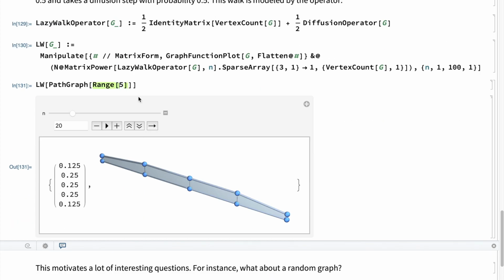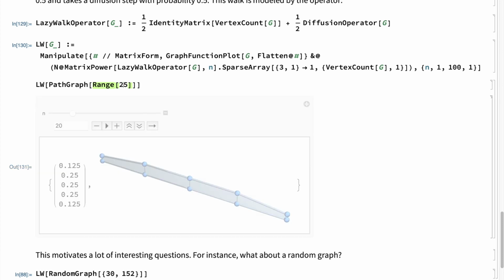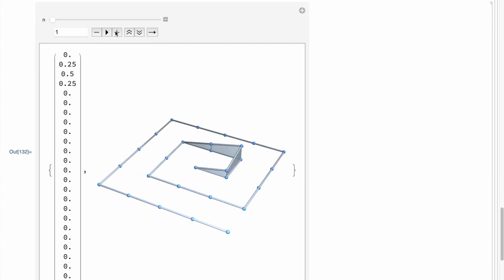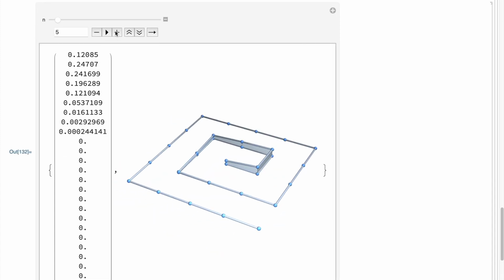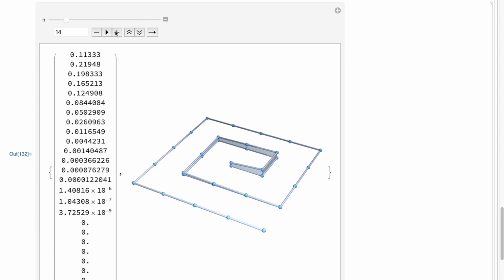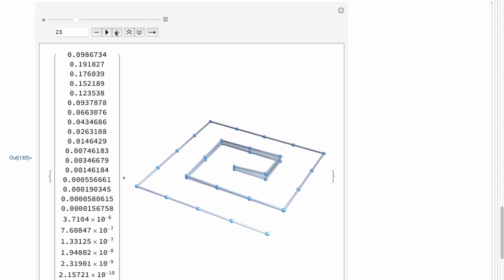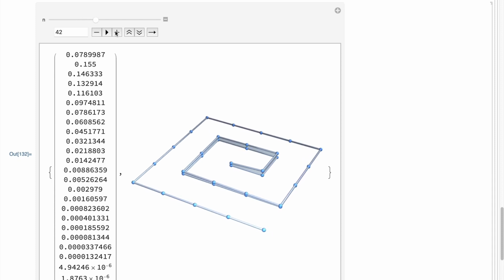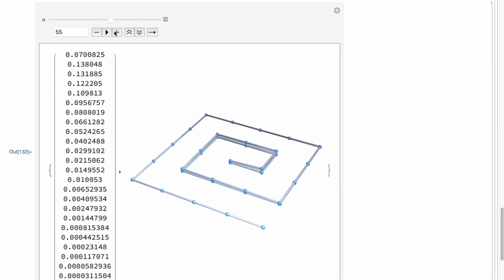So we can try this again for the 25-step random walk, where you're starting at vertex 3, so you have these chances after one step of being at vertex 1, 2, 3, 4, or 5. But again, if I go ahead and look at the evolution of probabilities, you'll see that gradually I have some chance of making it all the way to the other end of the path. And I'm just going to scroll forward now.